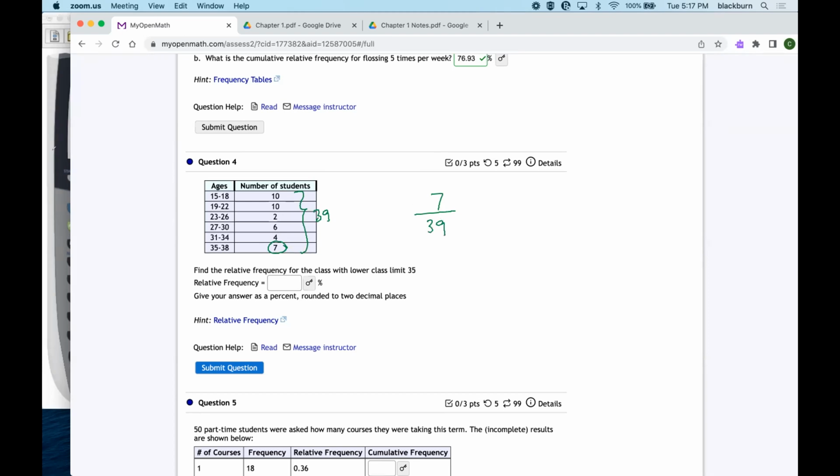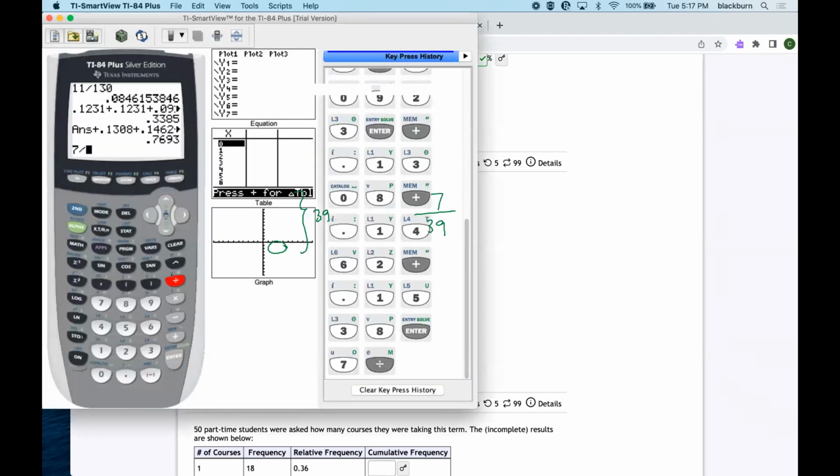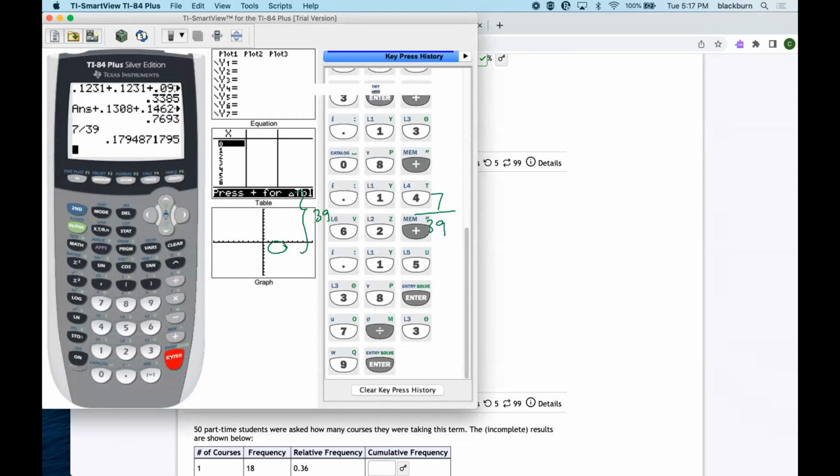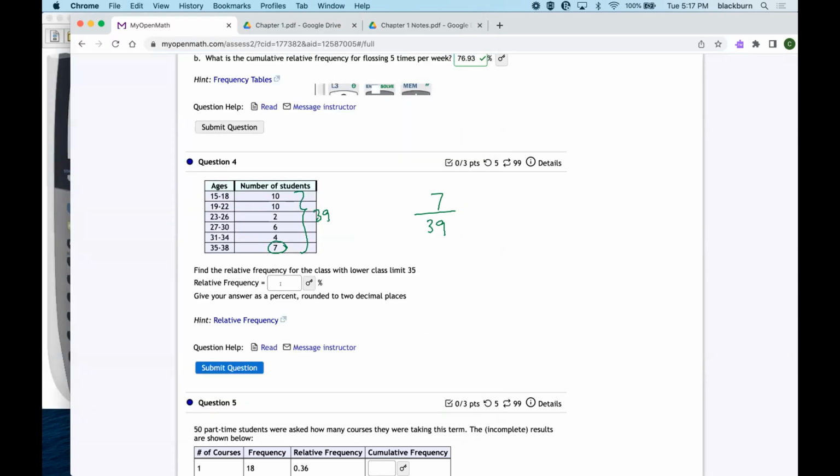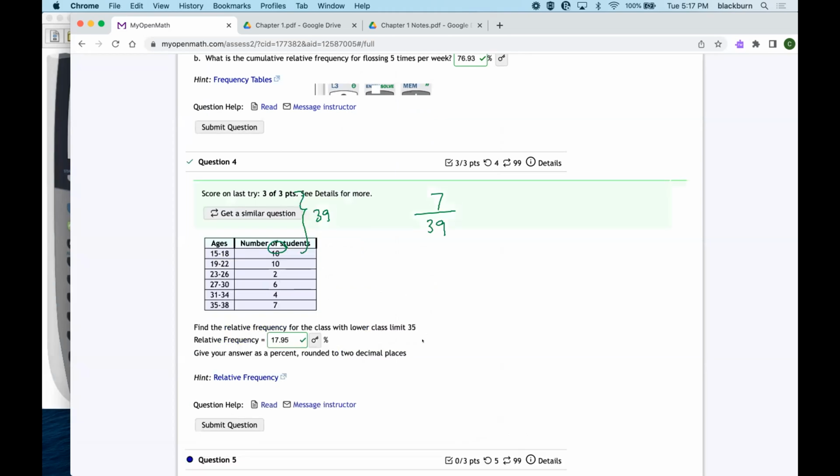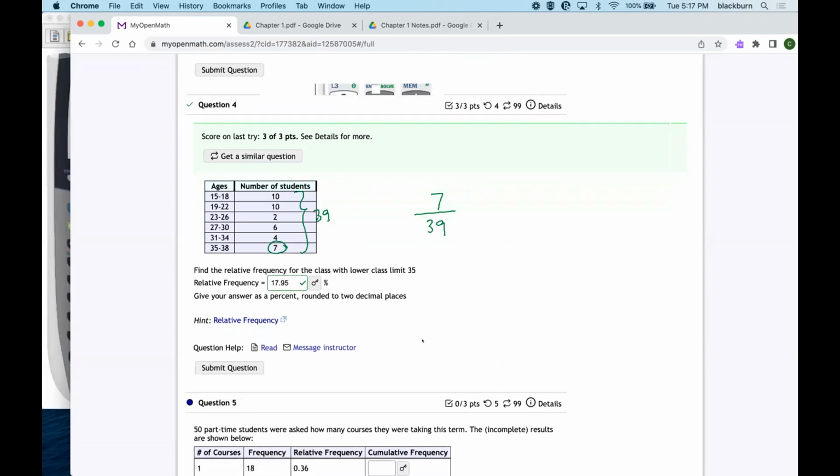So let's see what 7 divided by 39 gives us. I get 17.95%. And please pay attention to what they require you to round to, because they will mark you wrong a lot of times if you don't round to what they want you to.